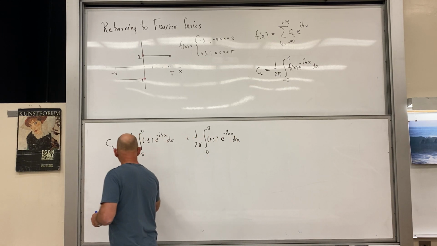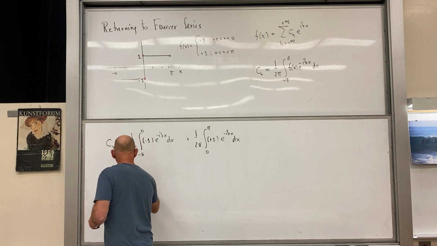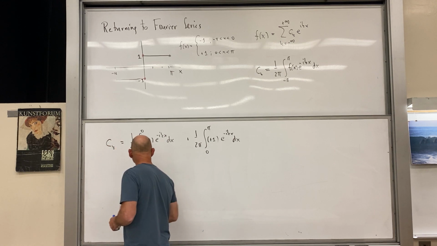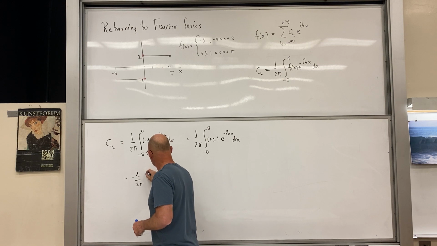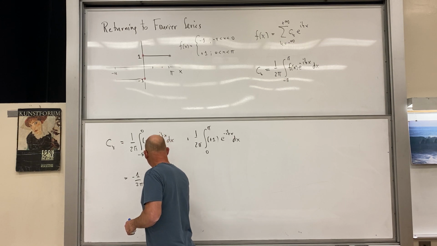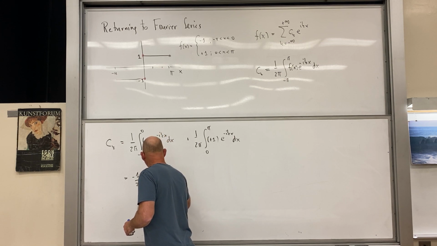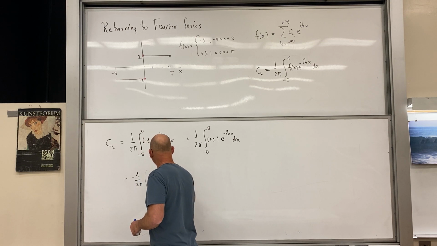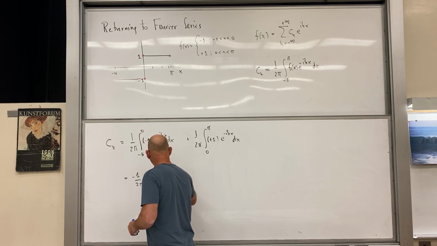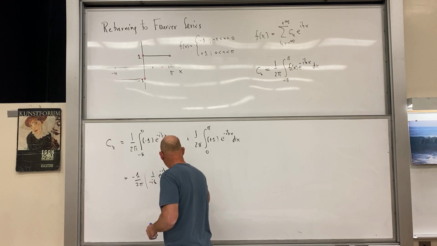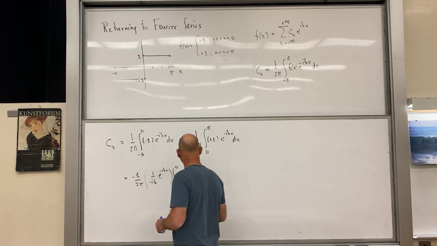Okay, so we have -1 over 2 pi. The integral here is 1 over minus I k, e to the minus I kx, evaluated from minus pi to 0.